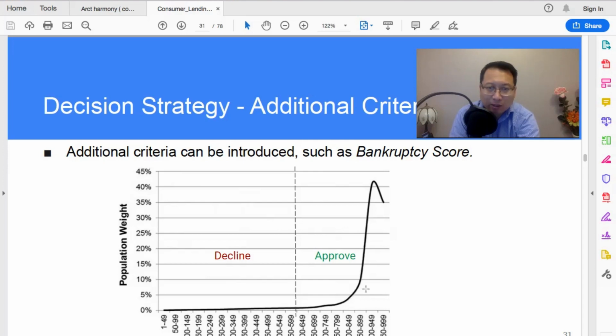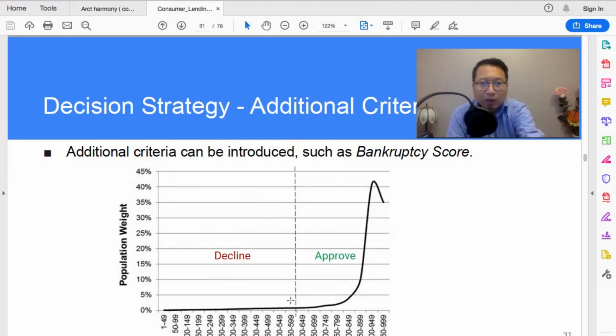Again, typically a high score means lower risk. So the right-hand side means lower bankruptcy risk. You can see that most of the applications are on the right-hand side. Okay, so that means most of the consumers have a very low bankruptcy risk. Right? That makes sense.